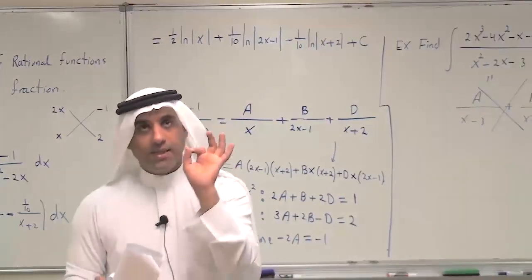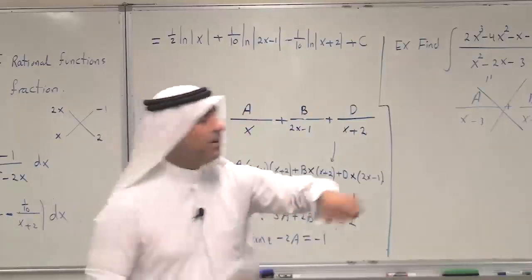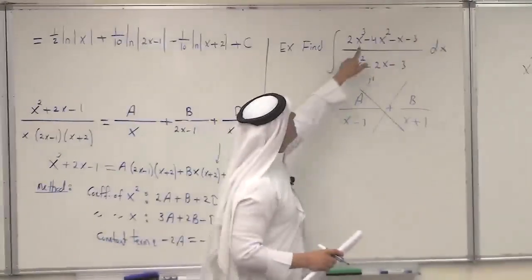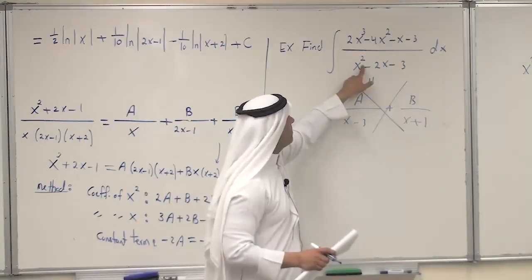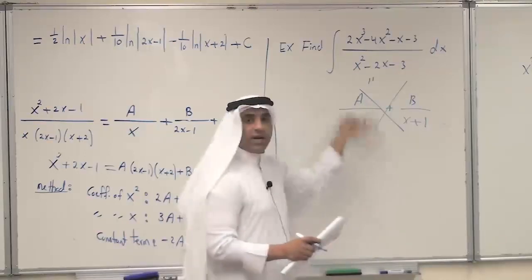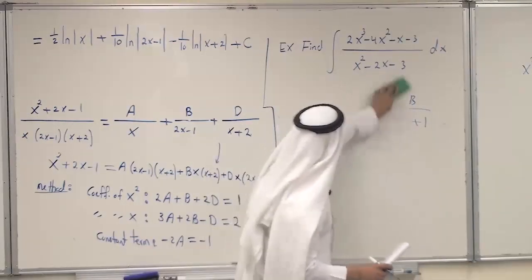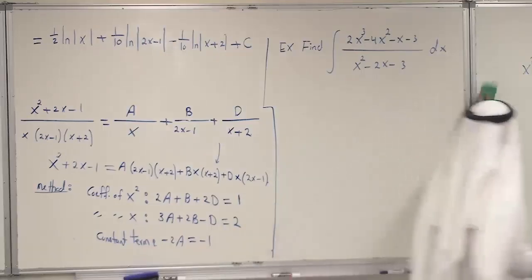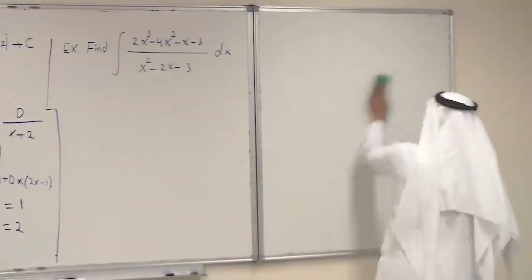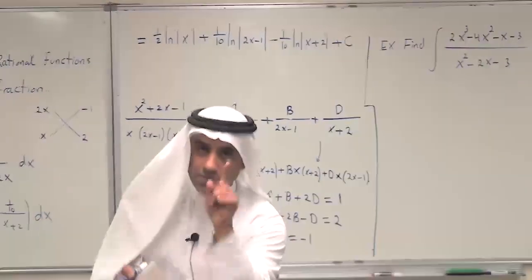Our assumption is the numerator has a degree less than the denominator. If you look at it carefully, this is x cubed, this is x squared. So this is larger than this. So you cannot say this is the partial fraction decomposition form. So what do you need to do instead? As before, what we need to do is to use long division to simplify first.